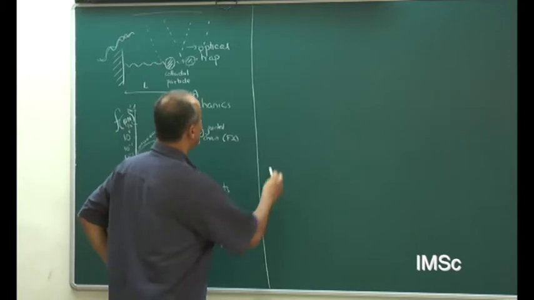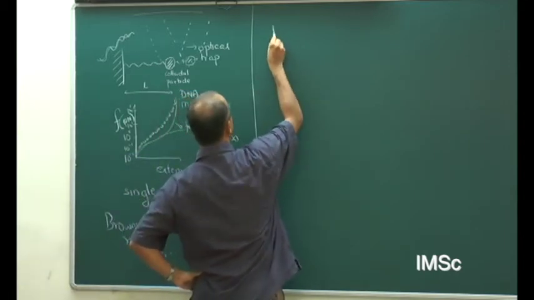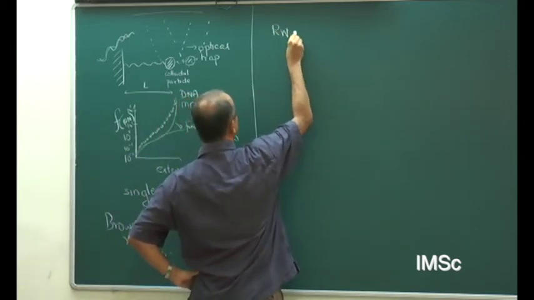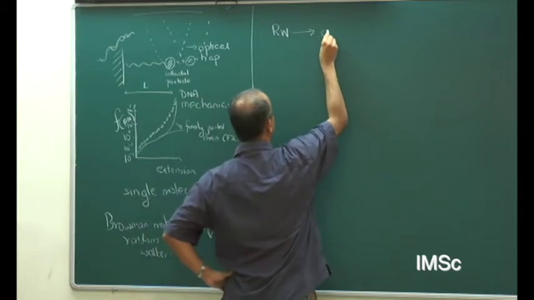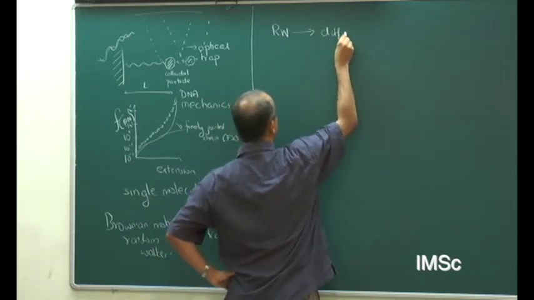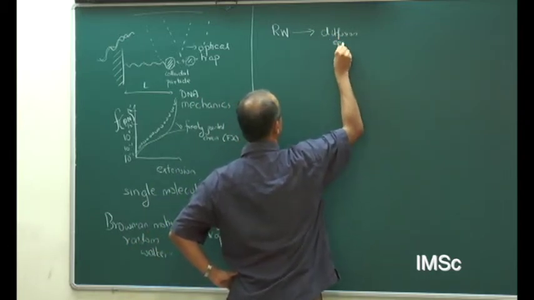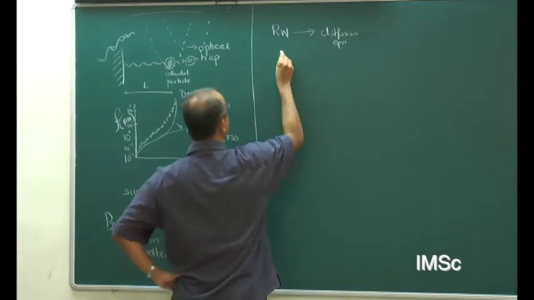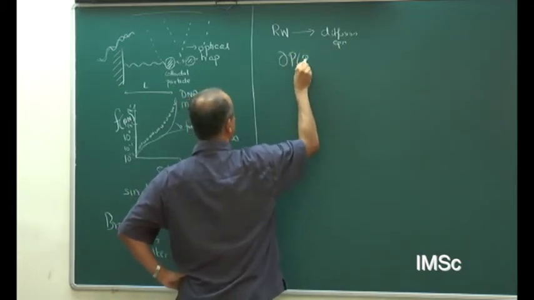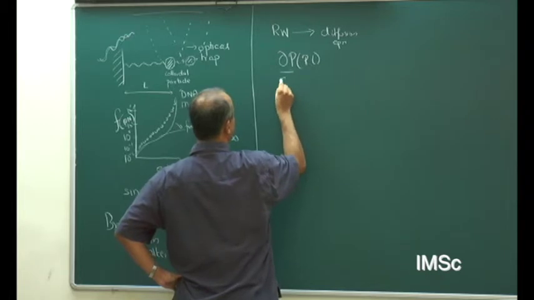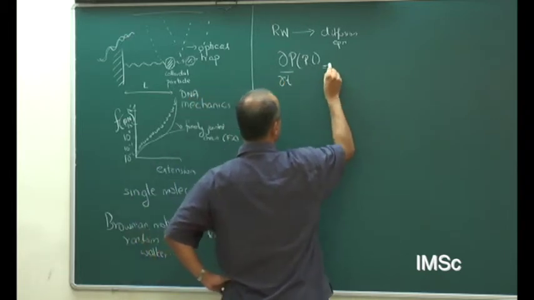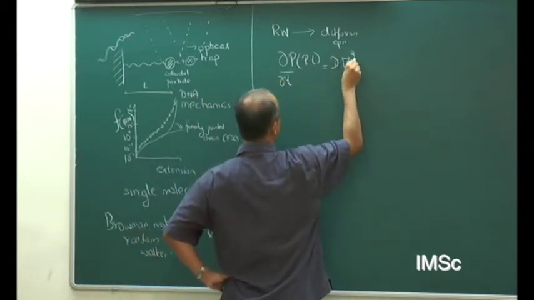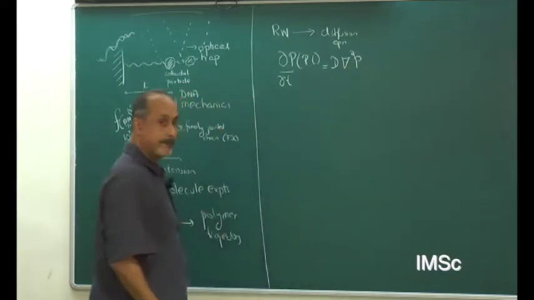To do that, remember that we first took the random walk. We converted the random walk into something which we called a diffusion equation. The diffusion equation governed the probability density of finding the particle at some point r at time t in terms of D del squared of p.